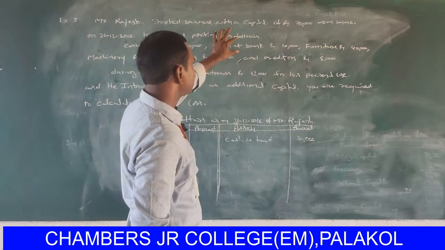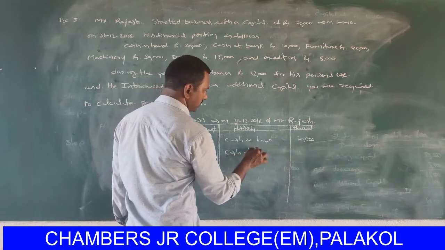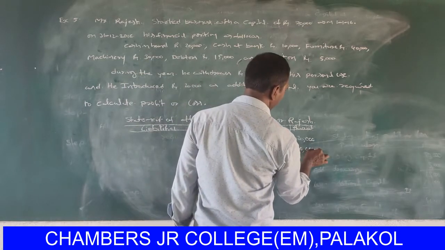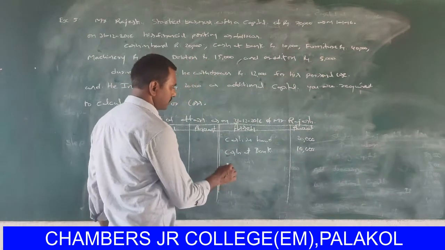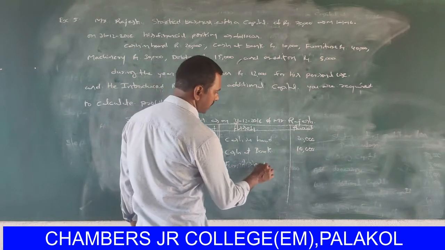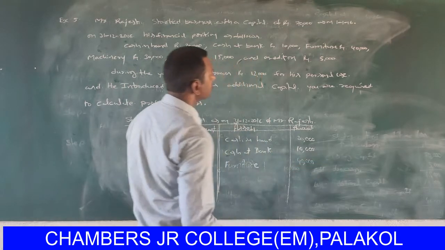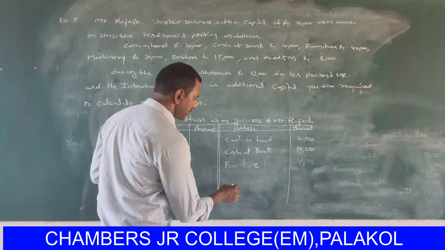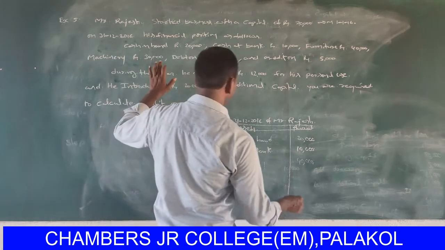Cash at bank is also an asset, rupees 10,000. Next, furniture is also an asset, rupees 40,000. Next, machinery is also an asset, so this is taken on the asset side, rupees 30,000.